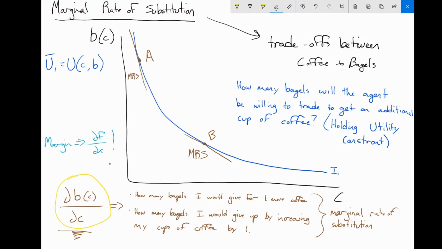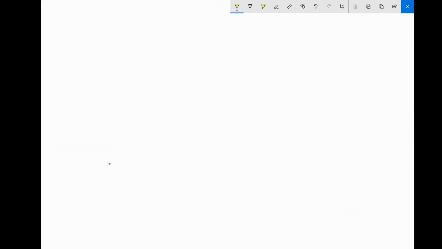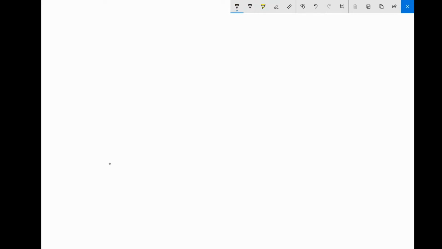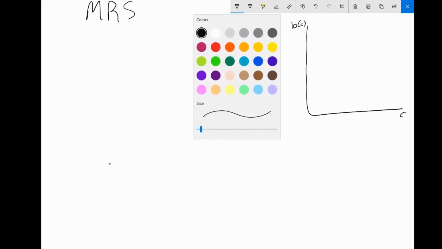All right, so then let's clear this off. Now I want to derive the marginal rate of substitution. I'm going to draw the graph up here in the corner just so we keep it in mind: coffee, and bagels as a function of coffee. The indifference curve.